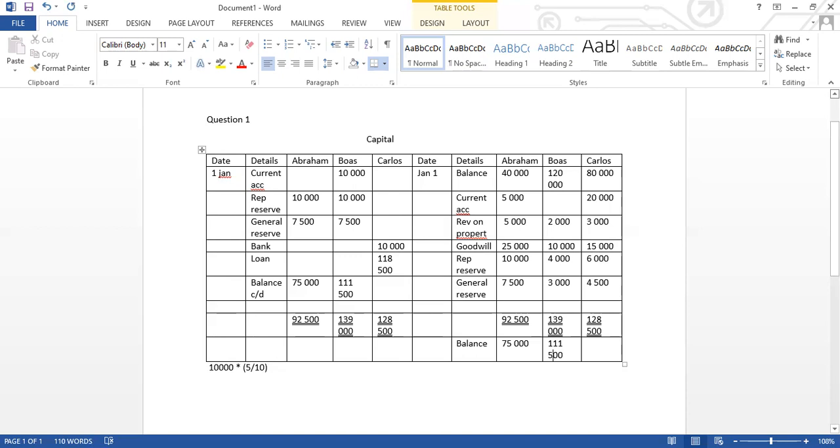So you need to calculate your profit. Obviously, if it was 190,000 and you revalue to 200,000, you made a profit on the revaluation. That profit is what you share among the partners. So 200,000 minus 190,000 gives 10,000 profit on revaluation.